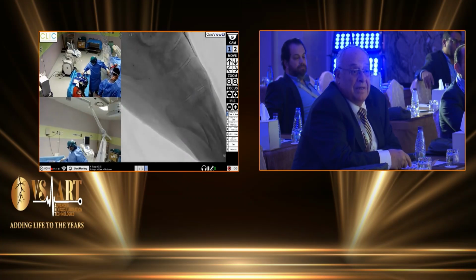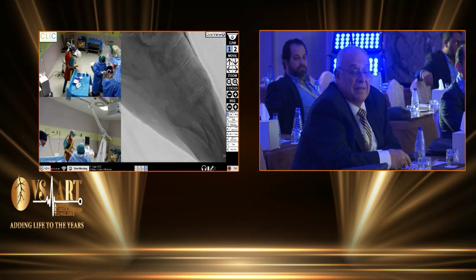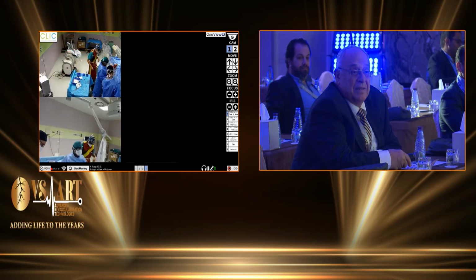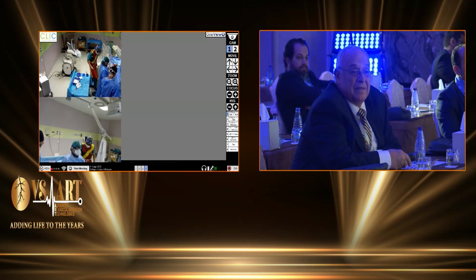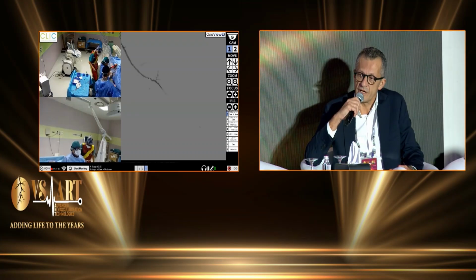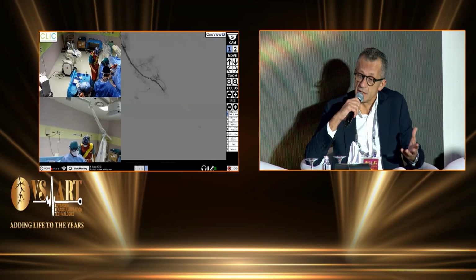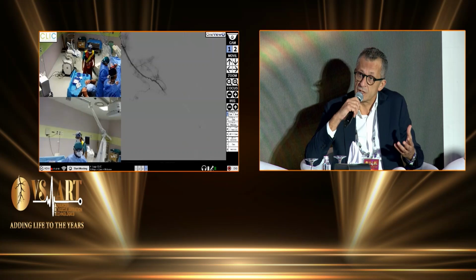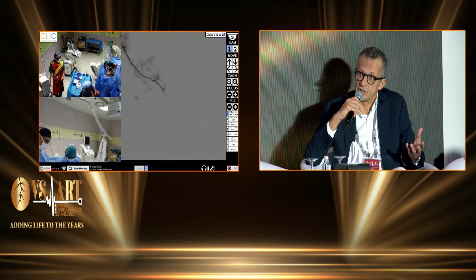Probably in the next presentation, in the next section, I will try to explain better what happens after the creation of the AV fistula. During the first weeks after the creation, there is some worsening until the new arterialized circuit is able to supply oxygen to the foot.